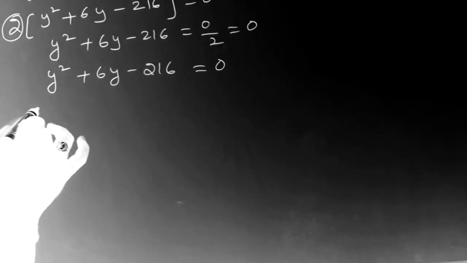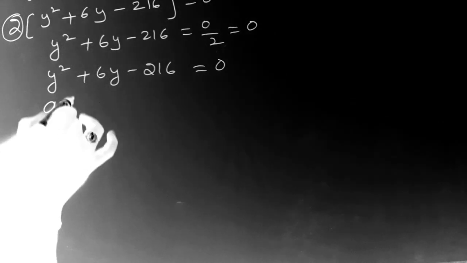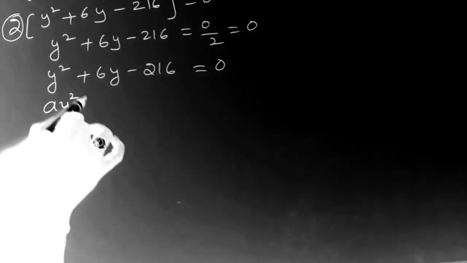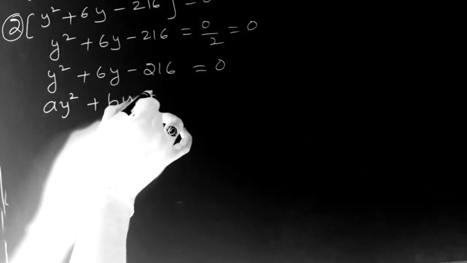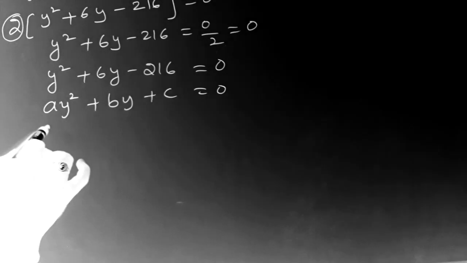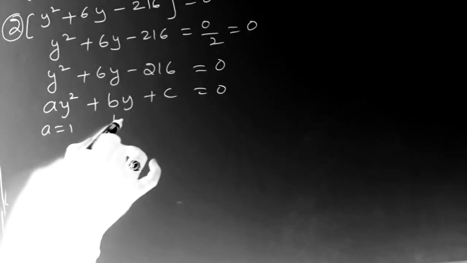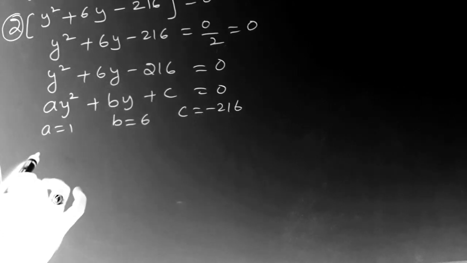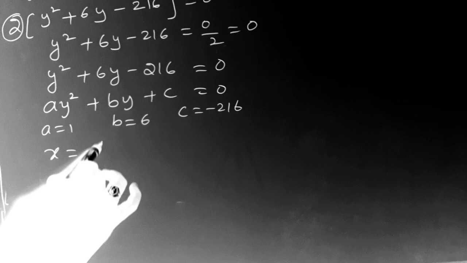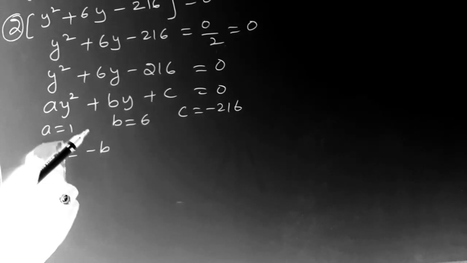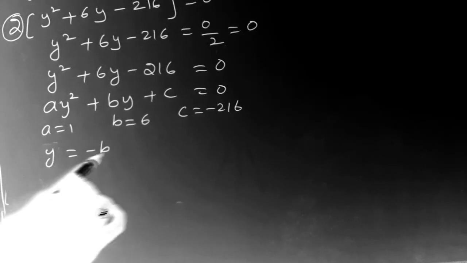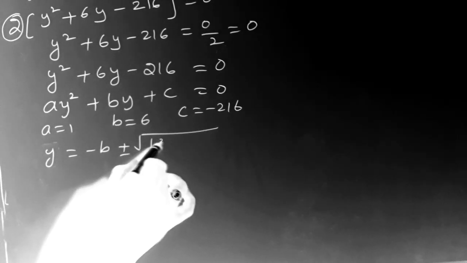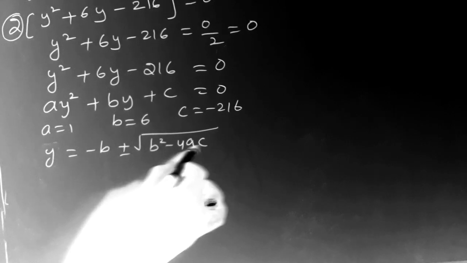Here it is in standard form, ay square plus by plus c is equal to 0. The a value is 1, the b value is 6, the c value is minus 216. The formula is y is equal to minus b plus or minus under root b square minus 4ac, by 2a.